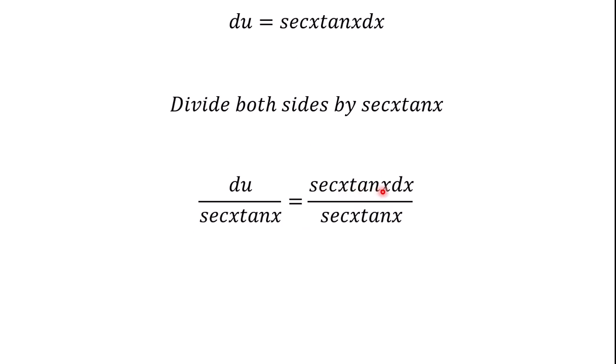Now secant x tangent x dx divided by secant x tangent x, this and this will cancel out and be left with dx. So this is going to give us dx is equal to du over secant x tangent x.